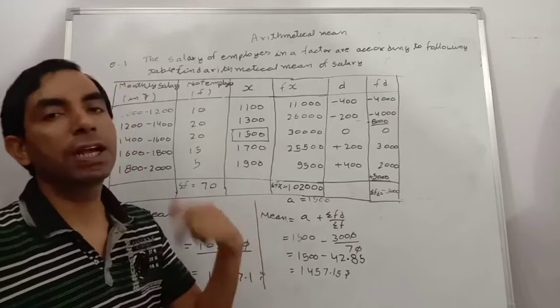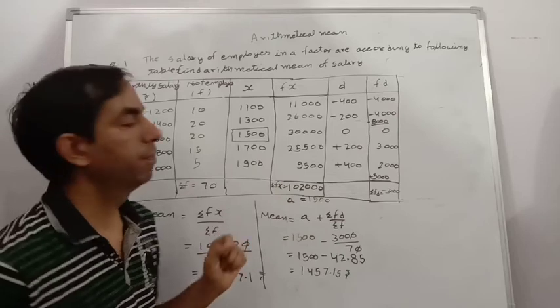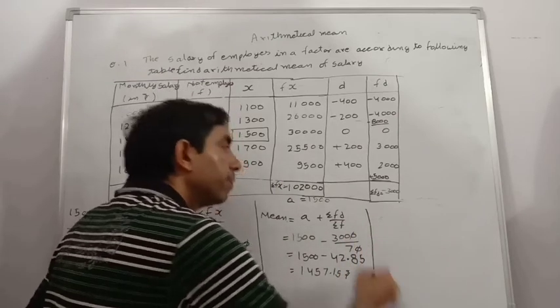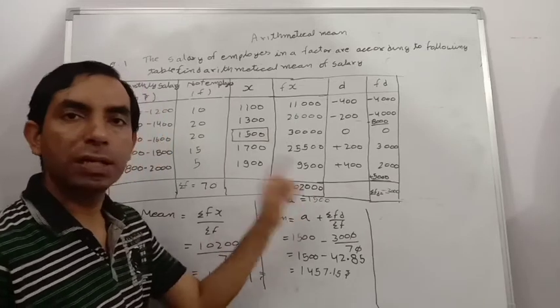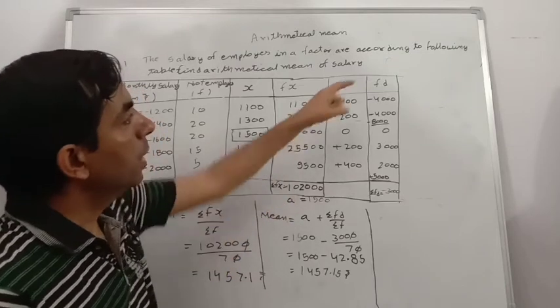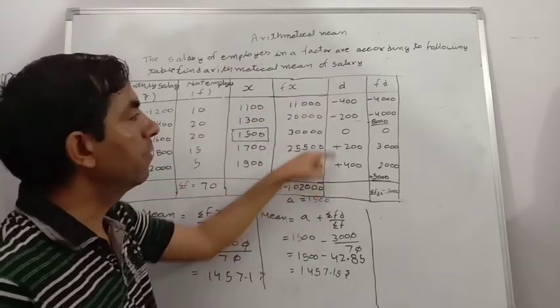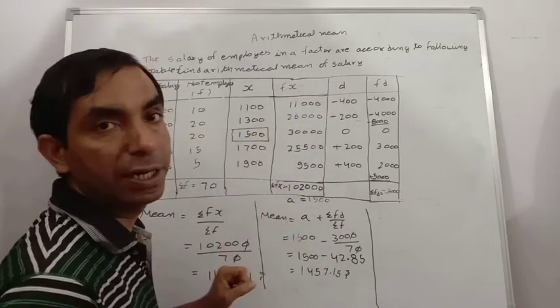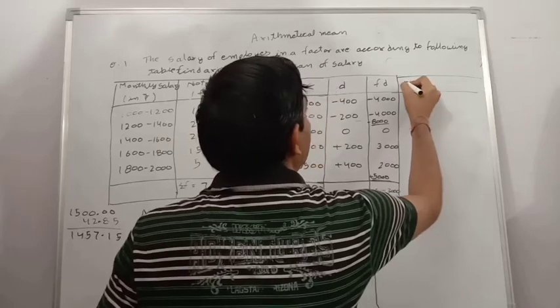Besides the assumed mean method, we have another method, which is similar to the assumed mean. Here we suppose the assumed mean is 1500, as it is. But in D, we check which largest number divides all the numbers. That is 200, so we divide by that number.